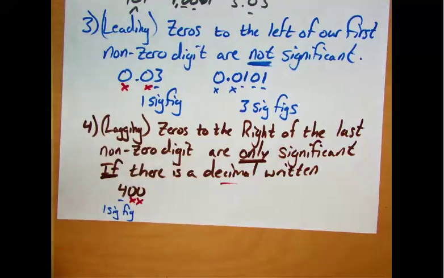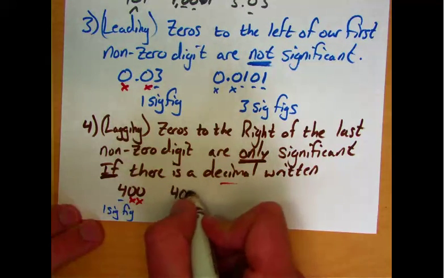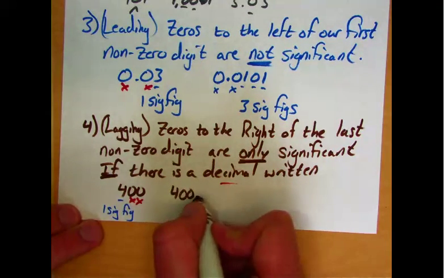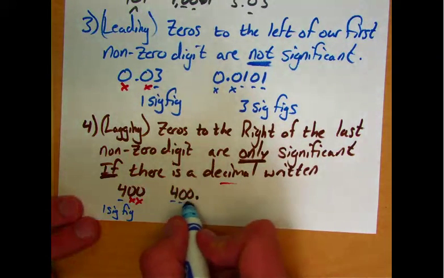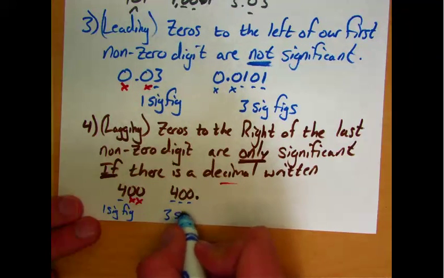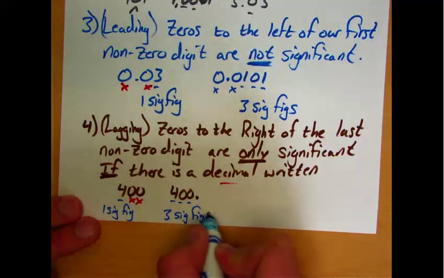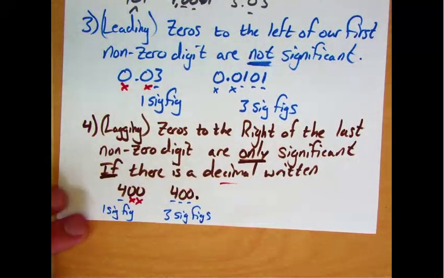Now if I were to rewrite that number as this, now we do have a decimal. So now this has 3 sig figs. Just by adding that decimal place there, that means that those zeros are now significant.